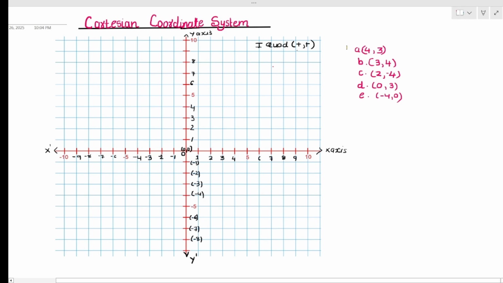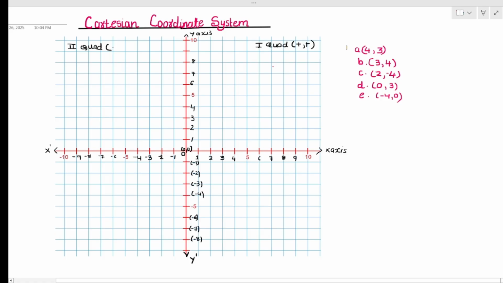Now this is called my second quadrant. Its sign can also be seen from the negative x-axis and positive y-axis. See over here, this x-axis is negative and this y-axis is positive.